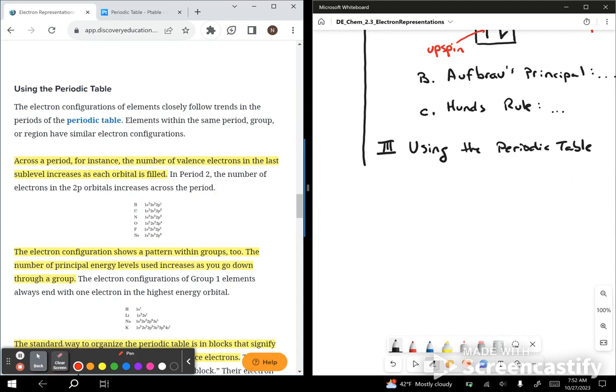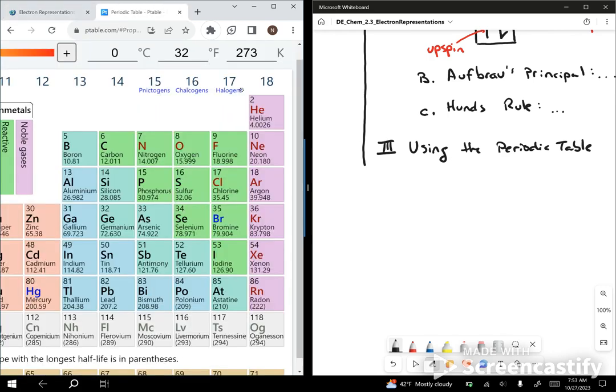I'm circling this number 1, 2, 3, 4, 5, and 6. And if you take a look at our periodic table, this is what they're talking about. It's going from boron to carbon to nitrogen to oxygen to fluorine.